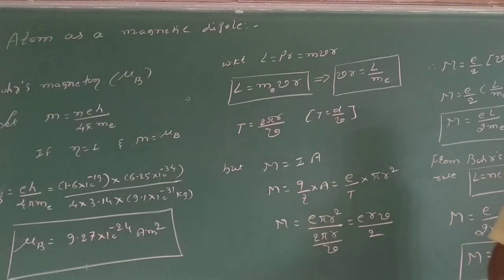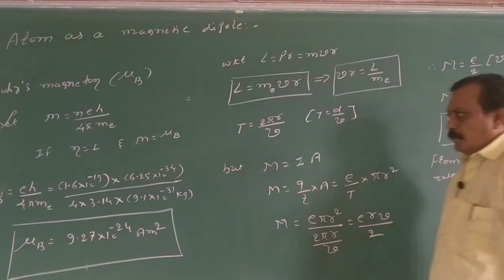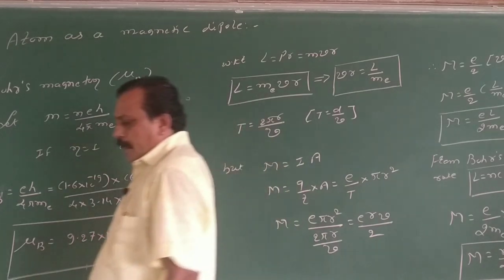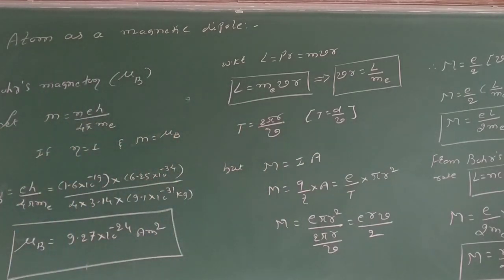Take a look once. If I go for the hydrogen atom with n equals 1 for the single orbit, then m becomes Bohr's magneton, mu b, whose value is 9.27 into 10 to the power of minus 24 ampere meter square.